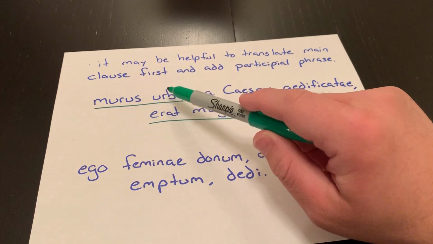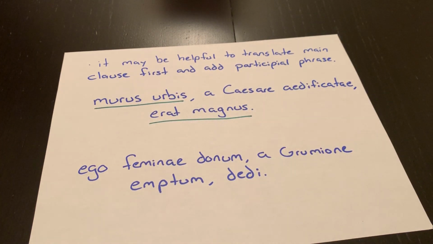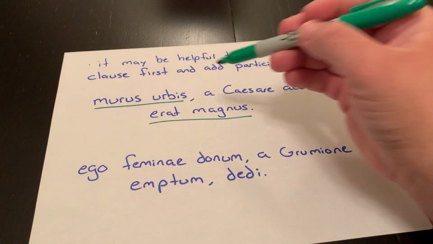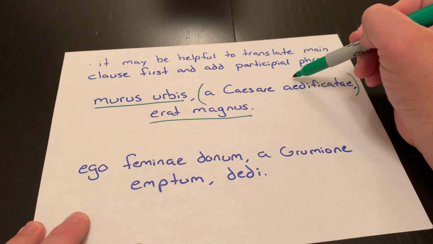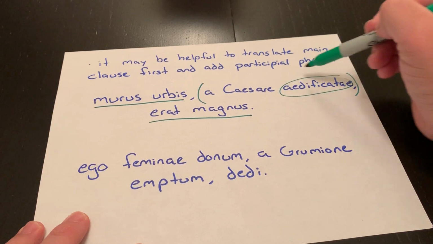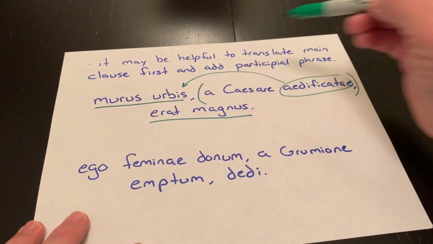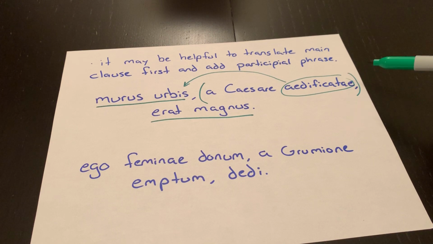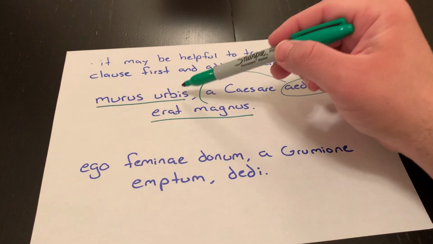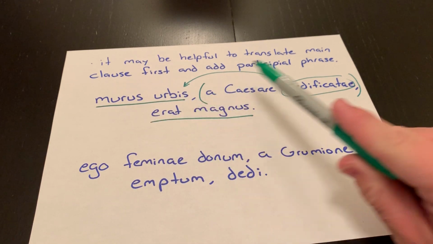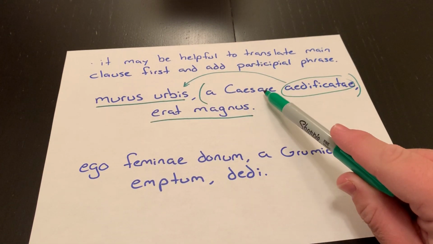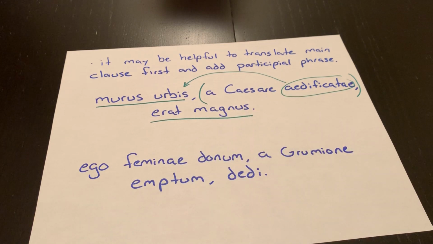The wall of the city was large. Okay, so that's our main clause. Now we have this participial phrase that is describing the city. So go back to our translation and add the participle that describes the city. So the wall of the city built by Caesar was large.